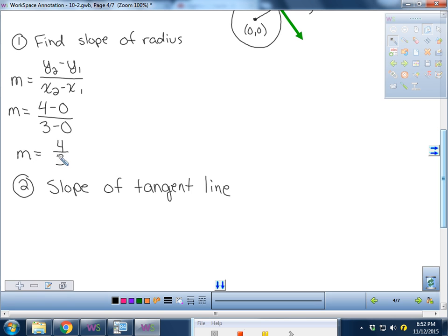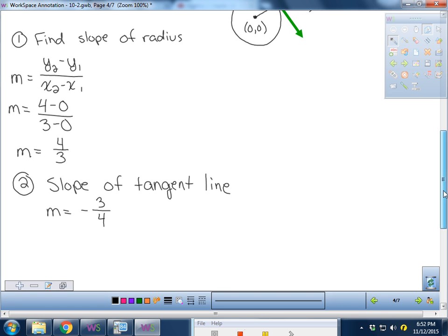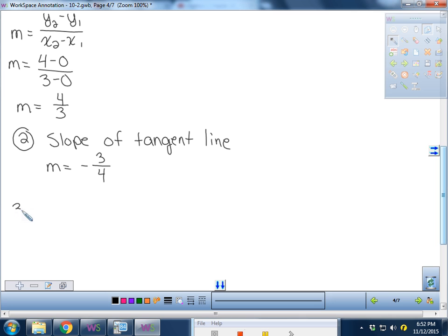That's where you just take this slope, change the sign, and flip it. So this is actually negative 3/4. Now you have the slope of your tangent line and a point on that line. That's all you need to write the equation.